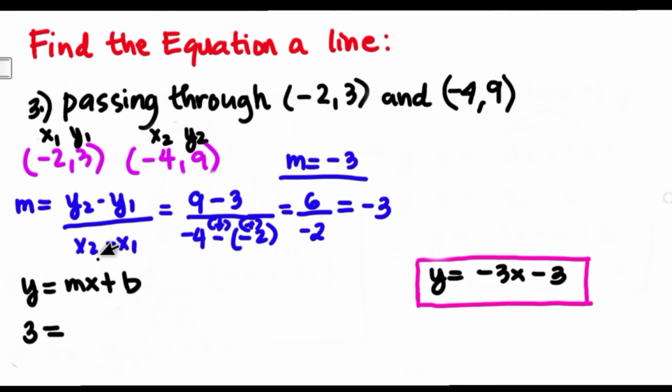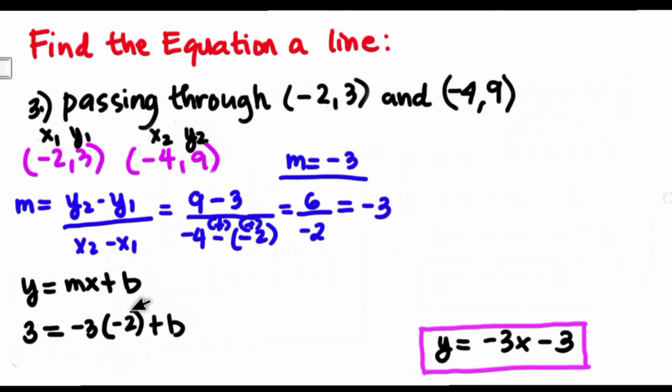ang m po is negative 3. So, negative 3 times, ang x naman po ay negative 2 plus b. And then, okay, so next is copy natin 3 equal to negative 3 times negative 2 is positive 6 plus b.